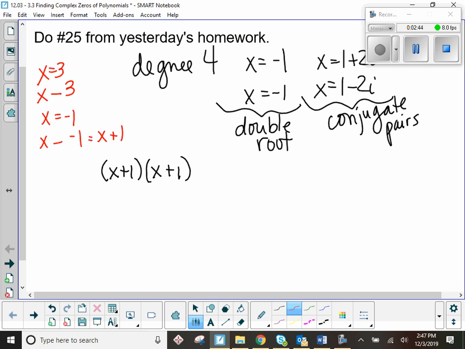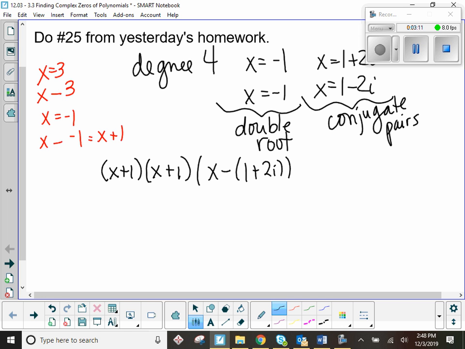Here's how we use that information to write a factor using these funky things. It's x minus the 0, x minus the 0, x minus the 0, but what does the 0 happen to be? One plus 2i.